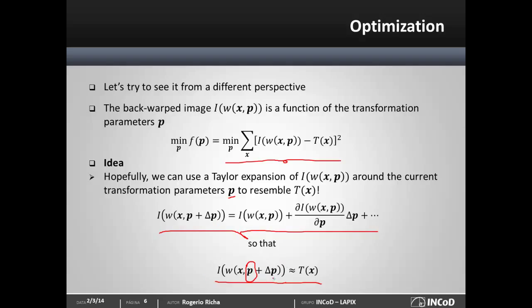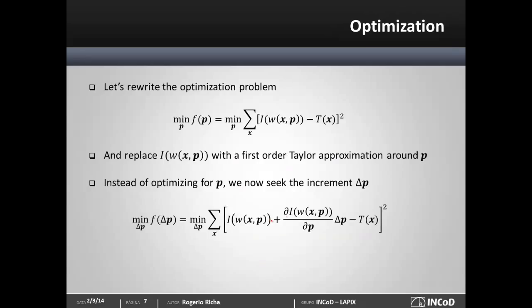From this perspective, we can rewrite the minimization problem, and instead of looking for p, I'm actually going to look for my increment delta p, the increment from my Taylor expansion.